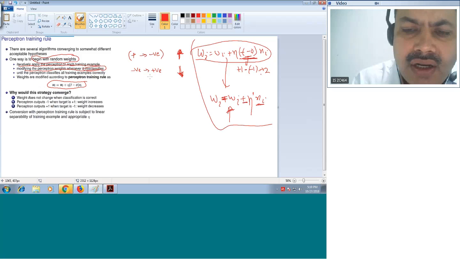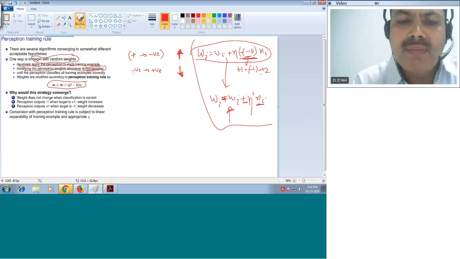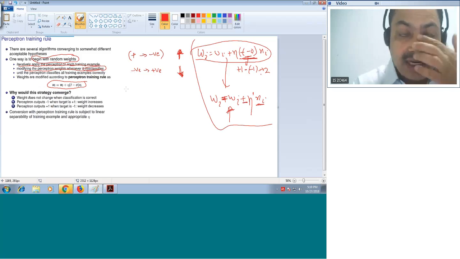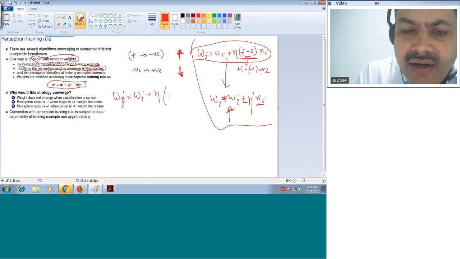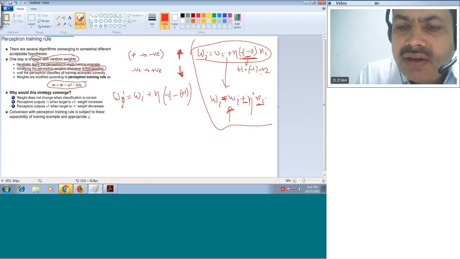Similarly, in the second case, when negative is told to be positive, you want to reduce the things. So let us again put into the formula Wi is equal to Wi plus eta times. What is the target? Negative. Target was minus 1, and what is the output?